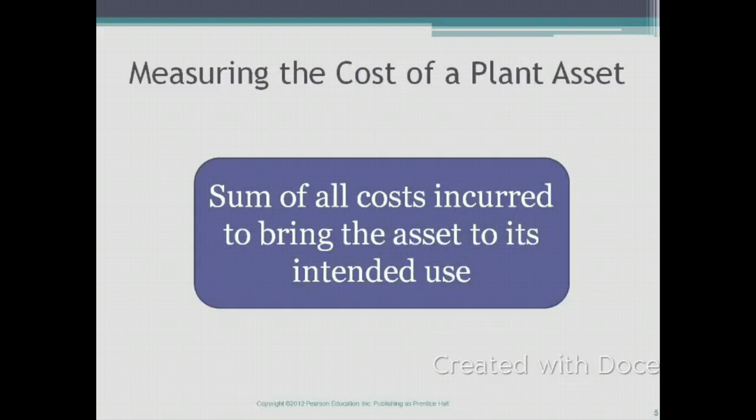Whenever we measure the cost of a plant asset, we need to include the sum of all the costs that we incur to bring the asset to its intended use. Again, the cost of a plant asset equals the sum of all costs incurred to bring the asset to its intended use. Now let's look at some of what these costs may be.